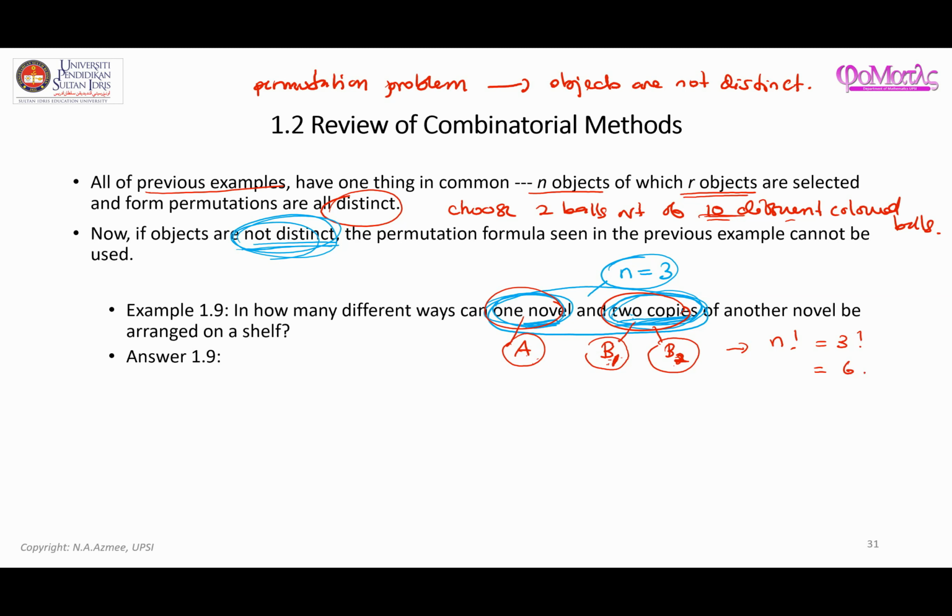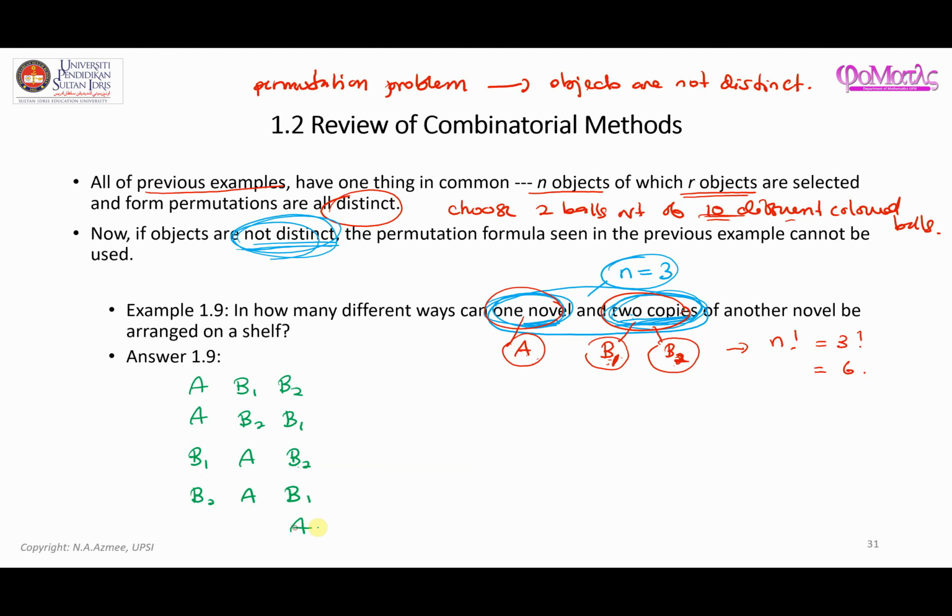Now let us display that arrangement. First, I can arrange it as A, B1, B2, and then switch the place: A, B2, B1. Next I can have A in the middle, with B1, A, B2, and then switch the place: B2, A, B1.